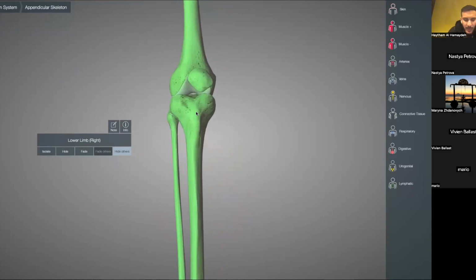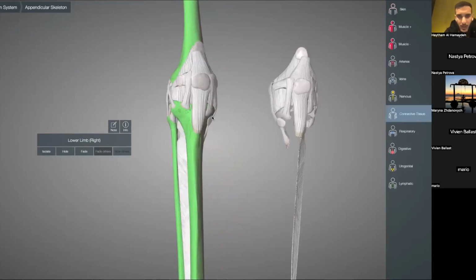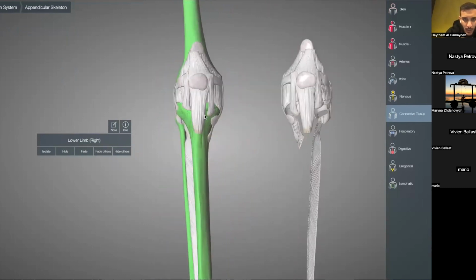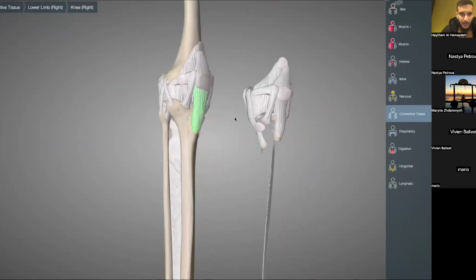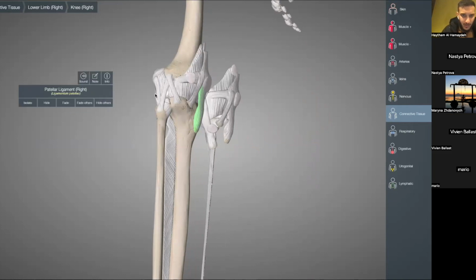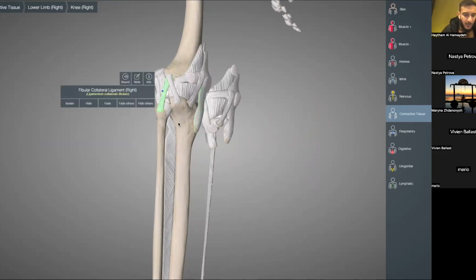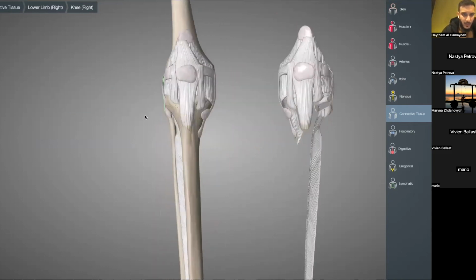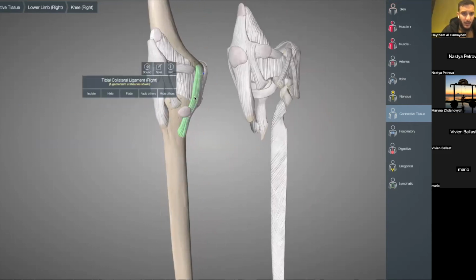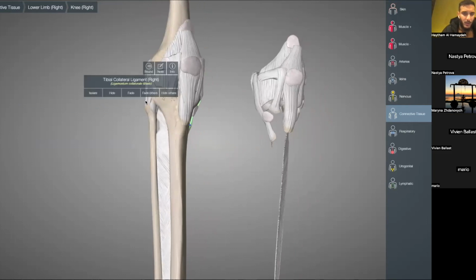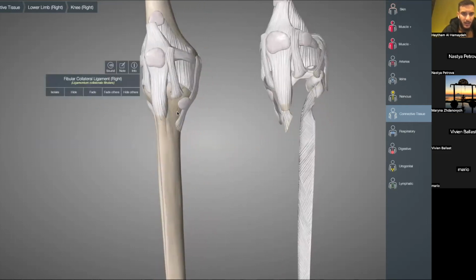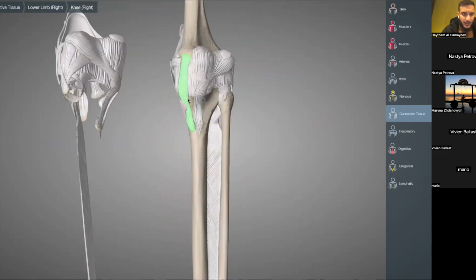Finally, we have the ligaments. And the ligaments are 7. This is the hardest part of this joint. First, we have the patellar tendon. Then the fibular collateral ligament, and the tibial collateral ligament. Again: patellar, fibular collateral, tibial collateral.